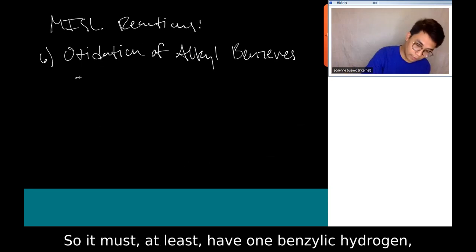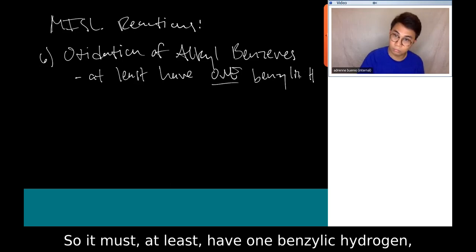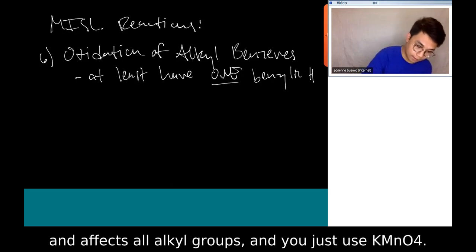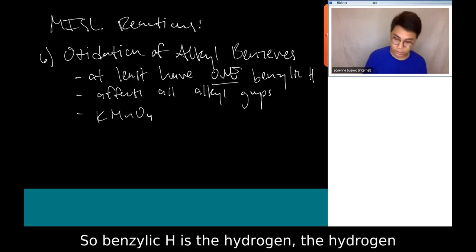So it must have at least one benzylic hydrogen, and it affects all alkyl groups, and you just use KMnO4.